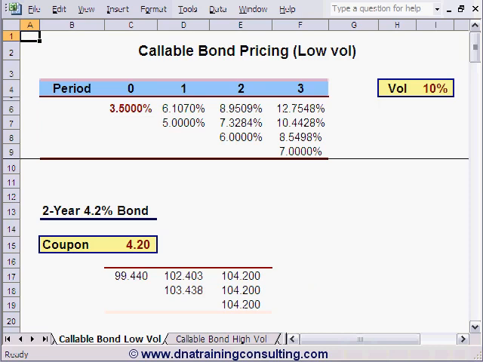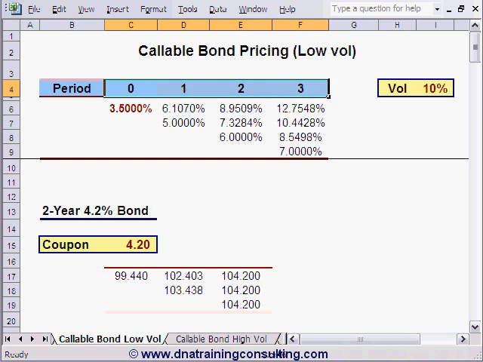Our next task is to model the future possible paths of this 1-year rate over the next 3 years, focusing on its possible values on each anniversary date during those 3 years.